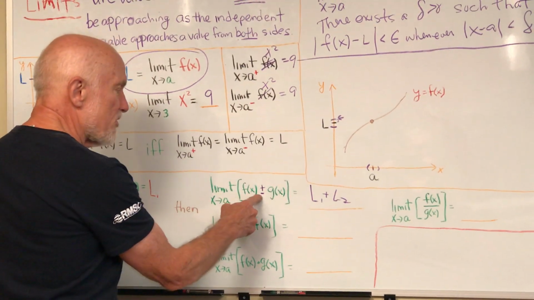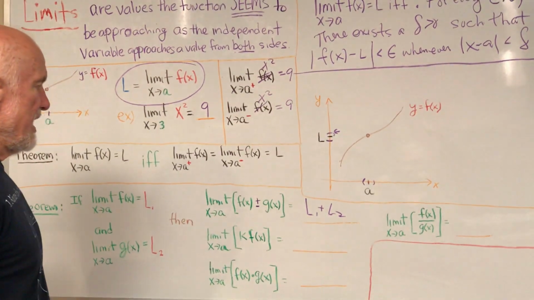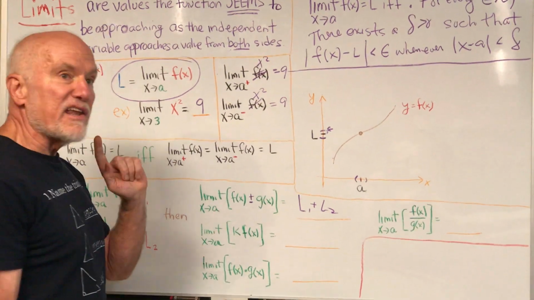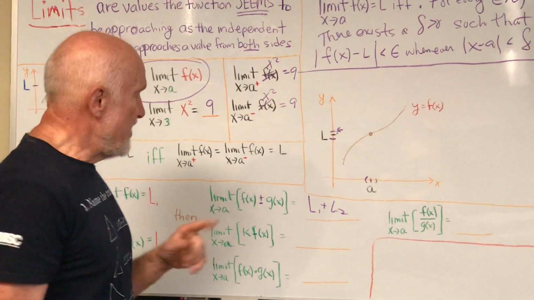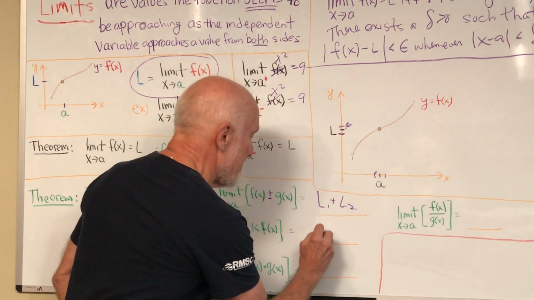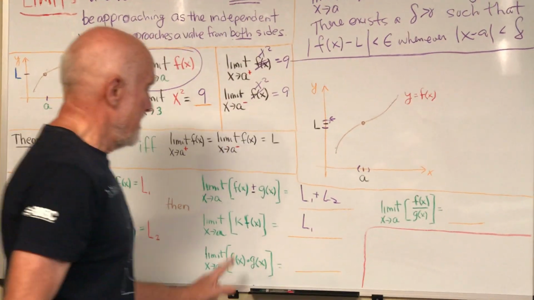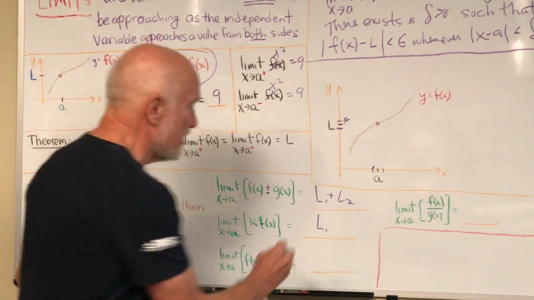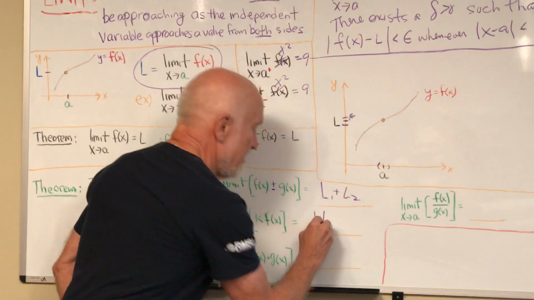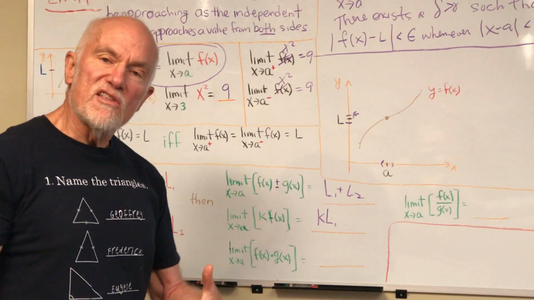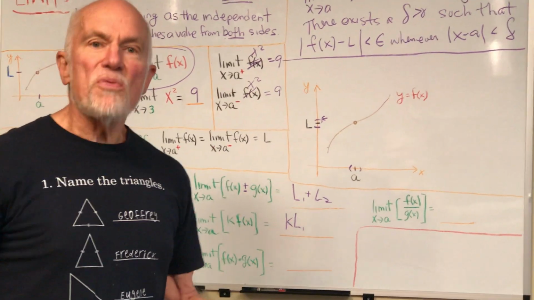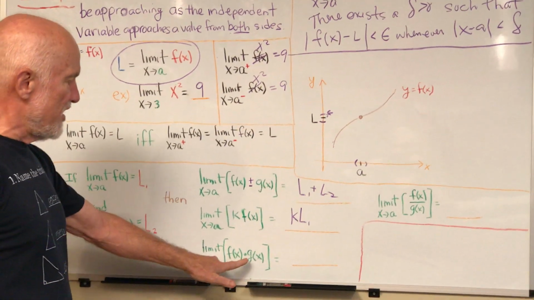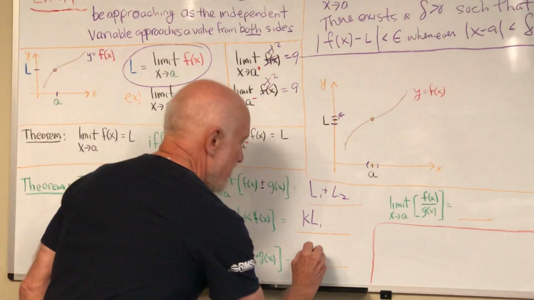And the same thing happens with subtraction. And guess what? If you had a function that just had a constant out front of it, then you can just take the limit as x approaches a of f of x, and then when you get done, multiply it by that constant. Again, this is pretty much how we would hope that things would work out. And guess what? It even works with multiplication.